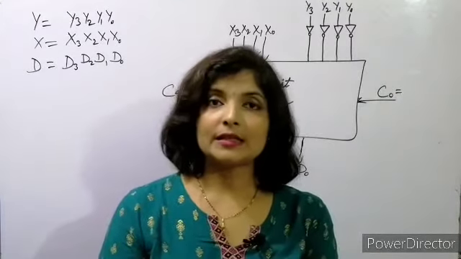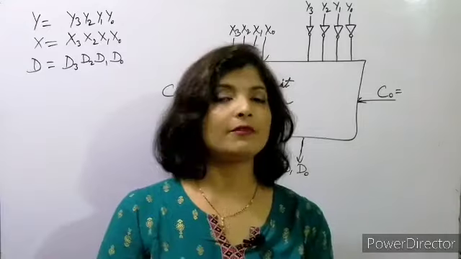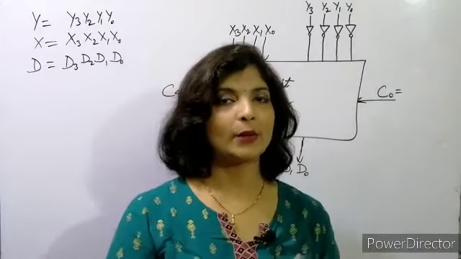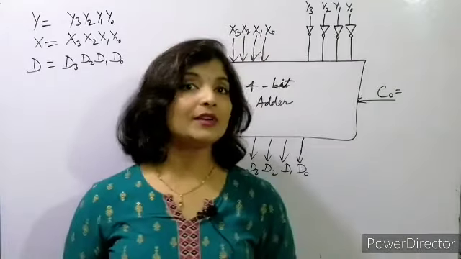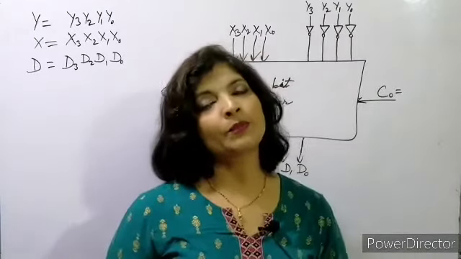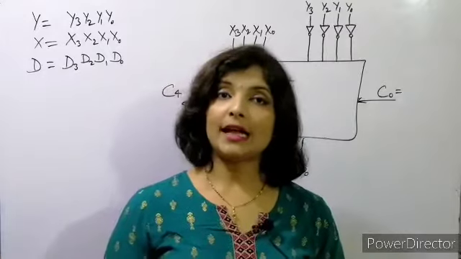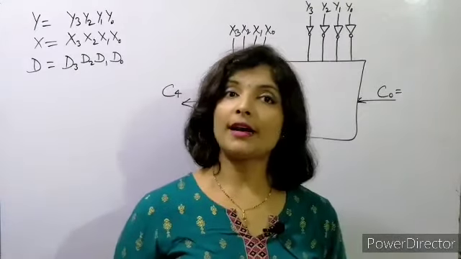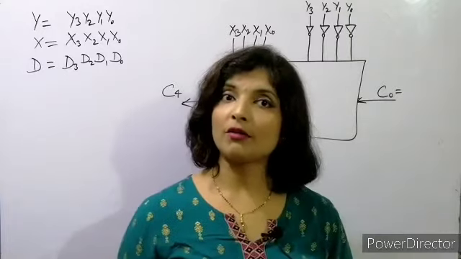So the other method is we will find the 2's complement of y, and with x we will add it, okay. We'll add it. So here we'll use adders, 4-bit adders, and we'll find the complement of y.